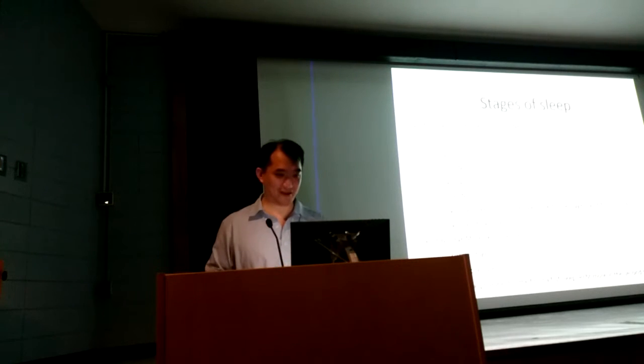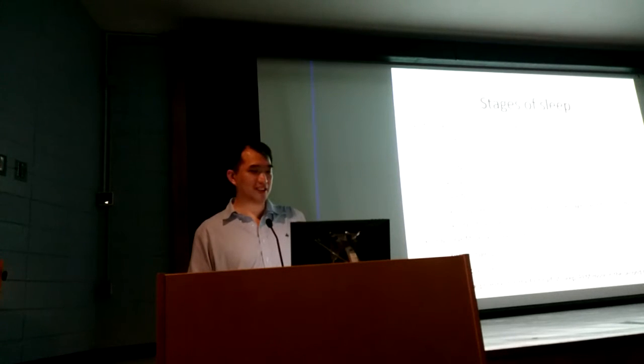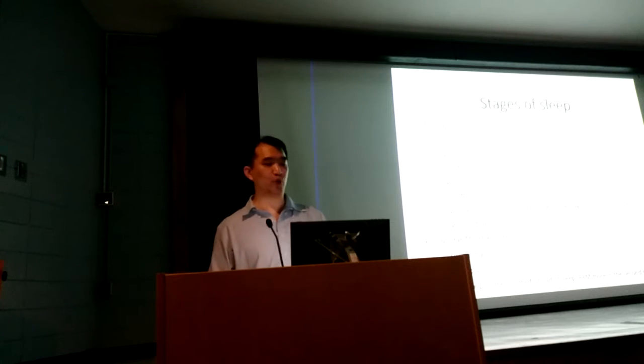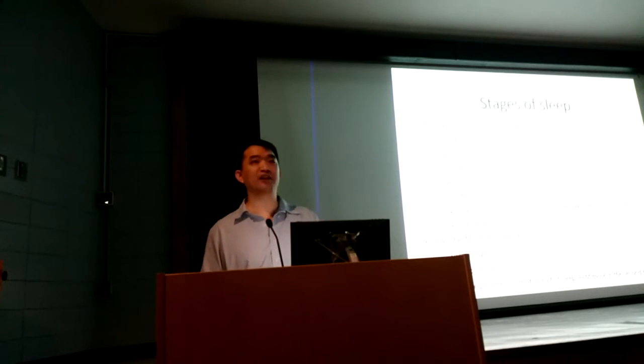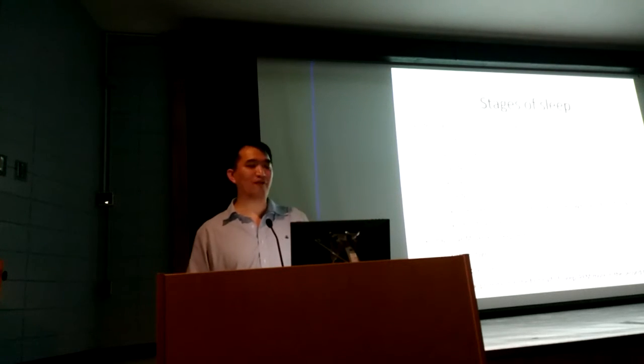Okay, all right, and I'm going to go into the different stages of sleep next. Sleep is usually divided into two categories. One is non-rapid eye movement. You go from stage one, which is just drowsiness, which usually shouldn't last more than about 5% of the total sleep.